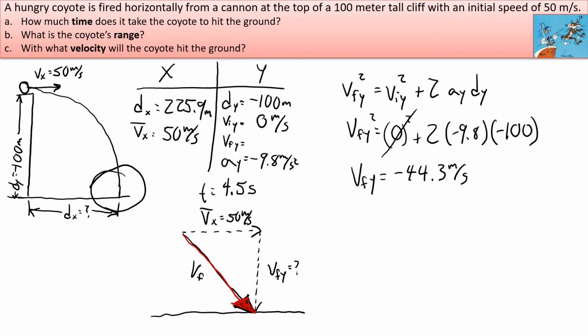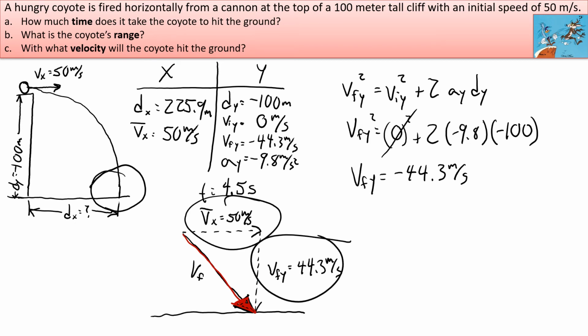Our XY table is fully filled in, but we still didn't answer the question. The question says, what is the resultant velocity? Well, it actually just says, what is the velocity? And you have to know, they're looking for the resultant of the y component, 44.3 meters per second, and the x component. So these two velocity vectors added together give you your actual final velocity.